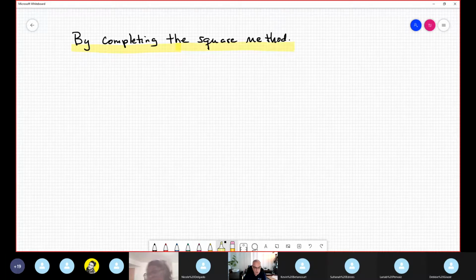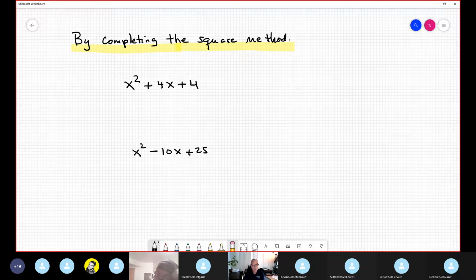There are trinomials like that, or like that. Okay, they are perfect squares. Perfect square trinomial.